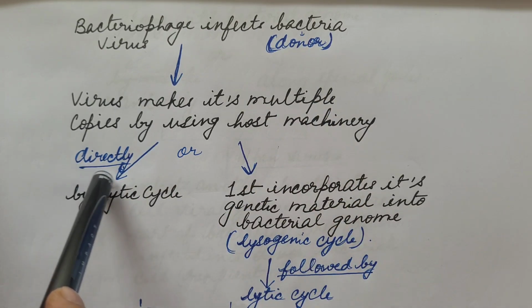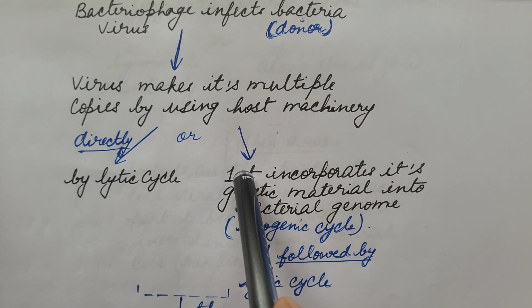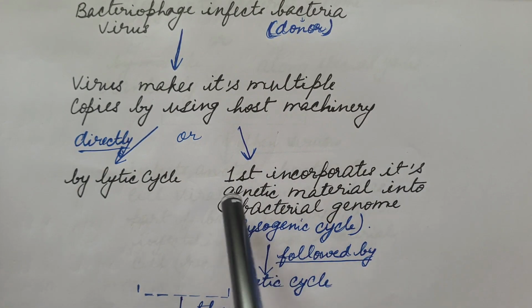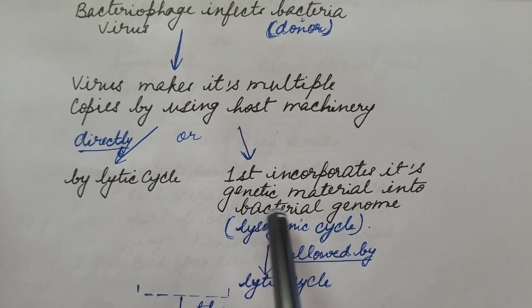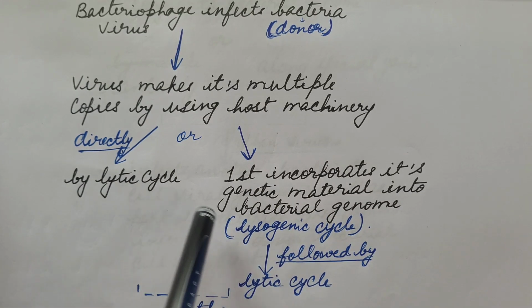And they multiply either directly by Lytic cycle, or first incorporate their genetic material into bacterial genome, known as lysogenic cycle, and then this is followed by Lytic cycle when it is induced. This Lytic cycle and lysogenic cycle we will discuss in later part of this video.